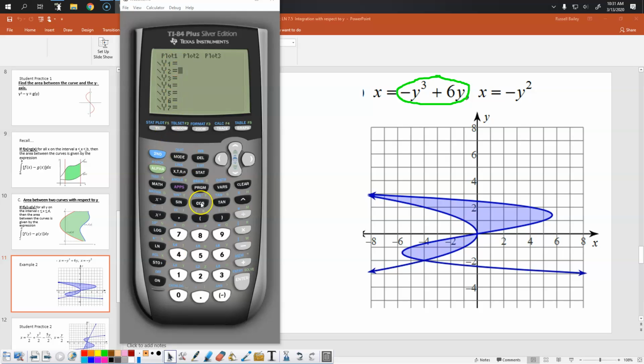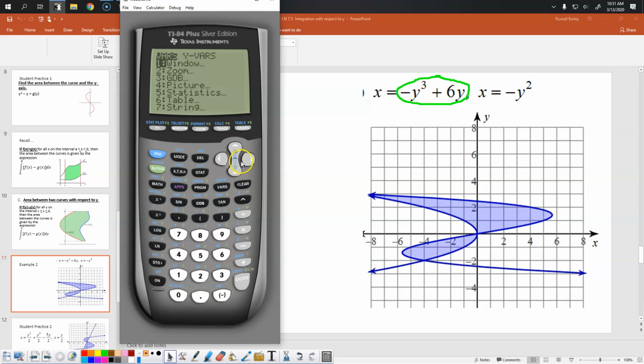So I'm going to type that in the y1 spot then. And so instead of -y cubed, I'm going to put -x cubed plus 6x. And for the other one, I'm going to put -x squared. Then I'm going to go back to my home screen, and I'm going to do Math 9.